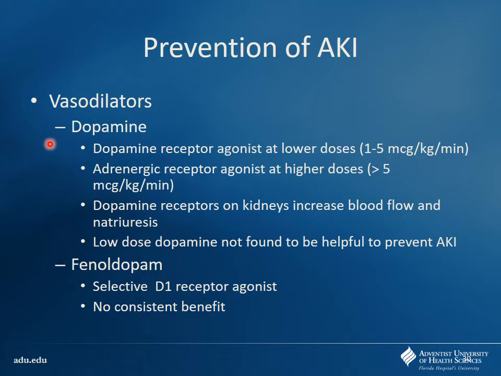So that way it'll increase cardiac output, increase systemic vascular resistance. Those are all good things. But if you use it at a lower dose, it's good for kidney blood flow. It increases that. Another one called fenoldopam we may use occasionally. These are not super consistent as far as causing benefits here. So again, not used routinely as a means of preventing acute kidney injury, but something you may see occasionally.